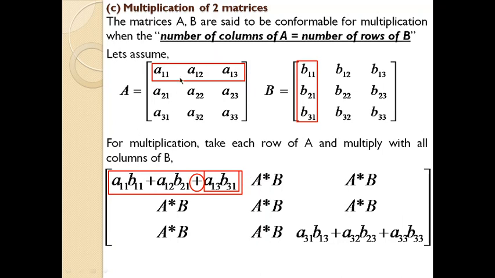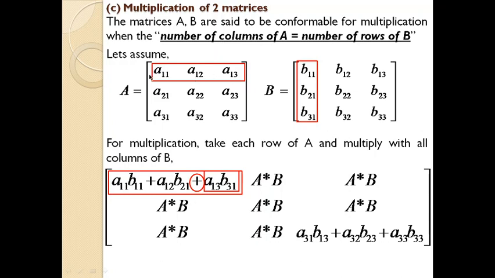We did the multiplication of the first row with the first column only to find the first element of the new matrix. Here there are 1, 2, 3, 4, 5, 6, 7, 8, 9. There are 9 elements in the new matrix. New matrix means the product of these two matrices.